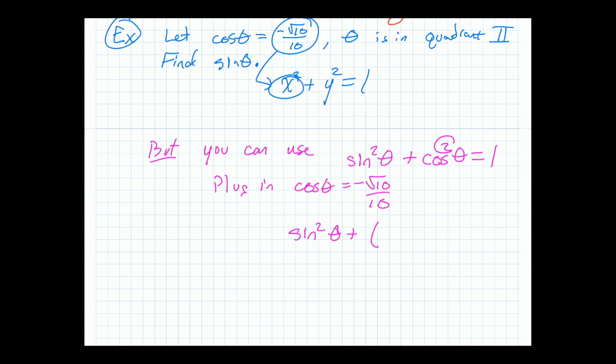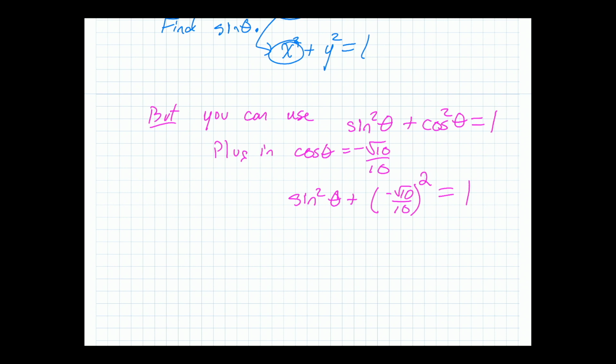Cosine squared, look where the square is. You still have to make sure you square things. Don't let where the 2 is written confuse you. So you put in the negative root 10 over 10 like that for cosine, and it's squared, equals 1. And then you just solve for sine theta.